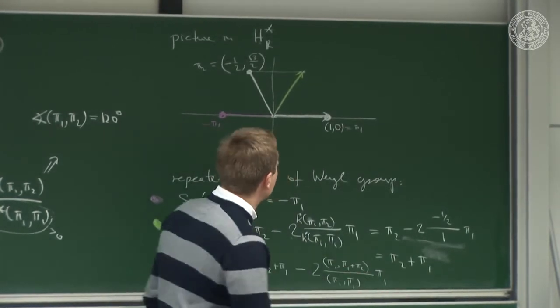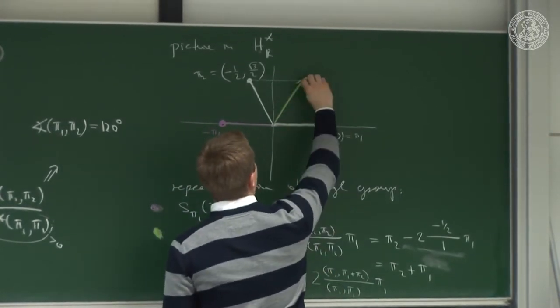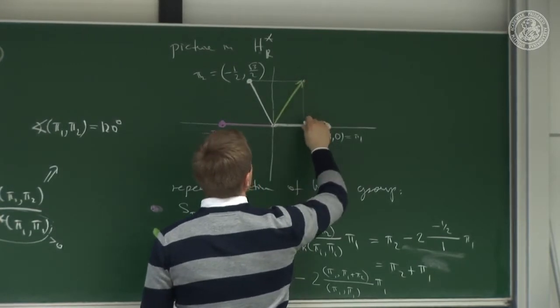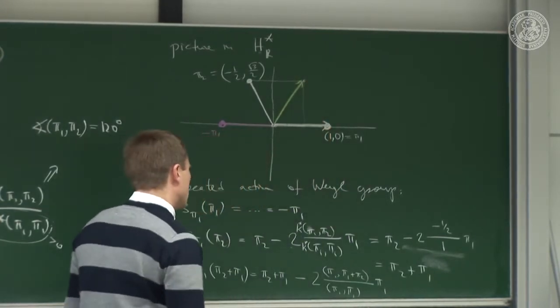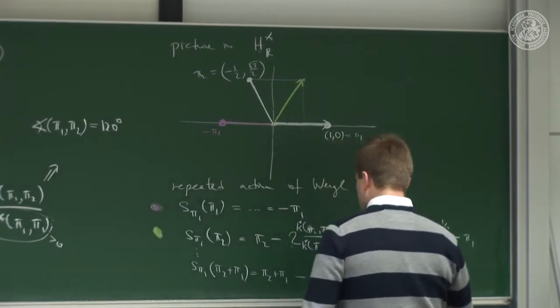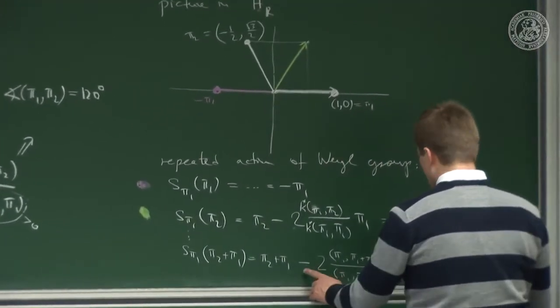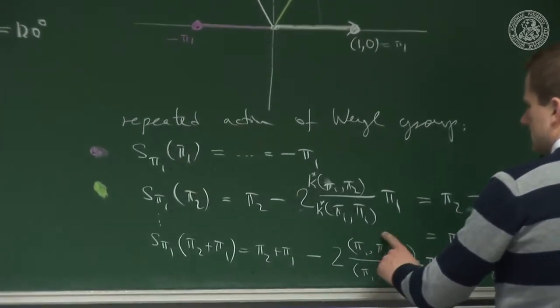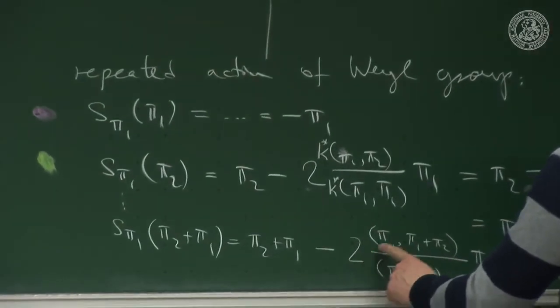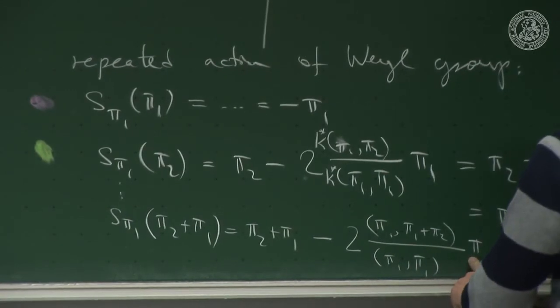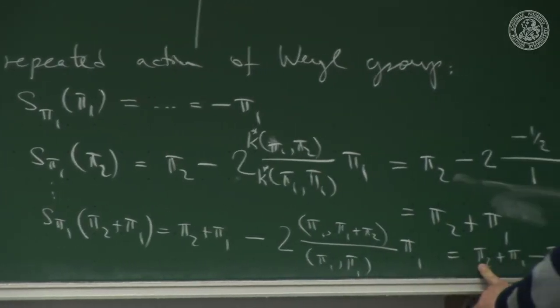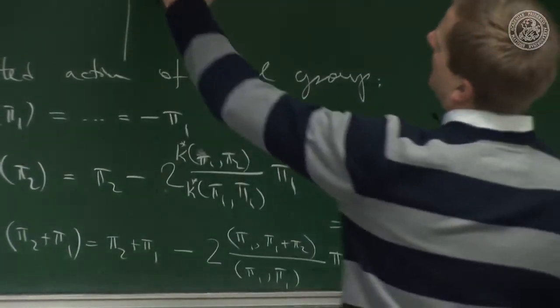Pi1 with pi1 plus pi2 is the projection of this one and that one, and that yields you plus 1/2. So what you get here is pi2 plus pi1 minus pi1. Oh no, by this you go back to the pi2. Okay, so that didn't yield anything.